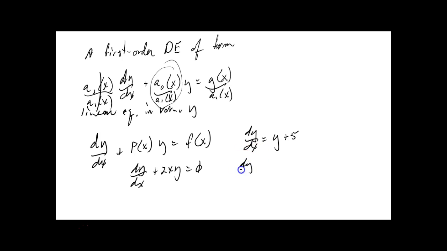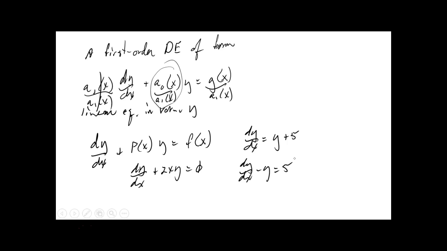So dy dx minus y is equal to 5. Perfectly fine. The p of x is just a number, -1. Okay? Constant function -1. No x is in it. And the f of x is just simply the number 5. Constant function 5. So yeah, that's fine. Okay?